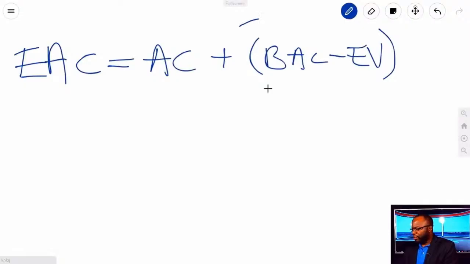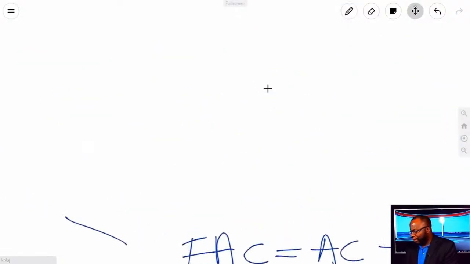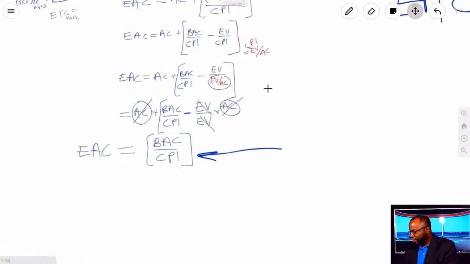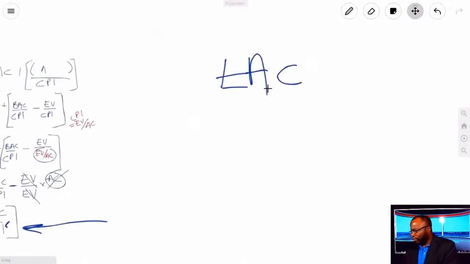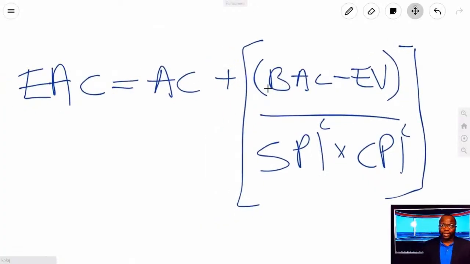And if it's based on the current cumulative CPI and SPI, we're going to divide it by the SPI times CPI, both cumulative. And don't forget, in the one we looked at over here, these are all cumulative CPIs and SPIs that you use for the EAC.